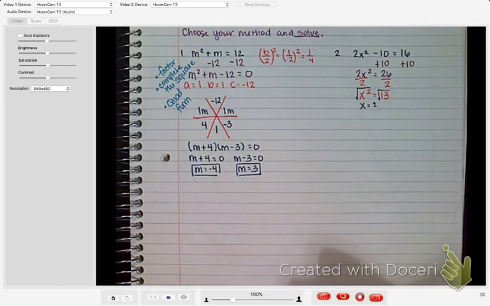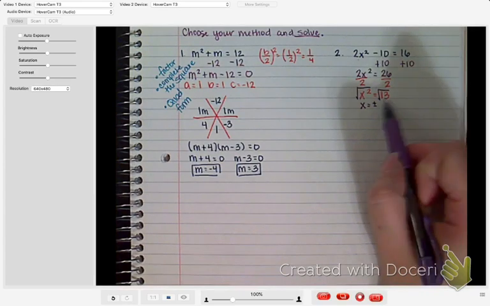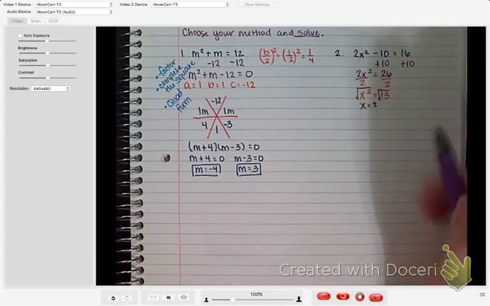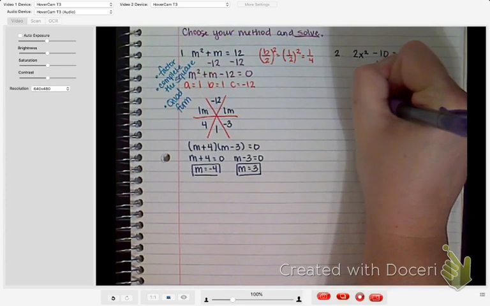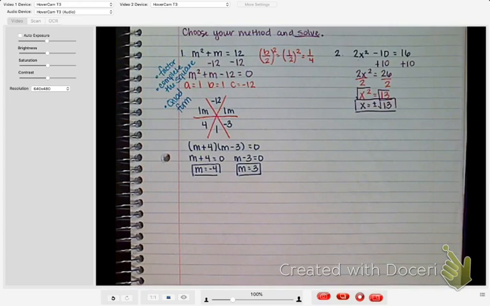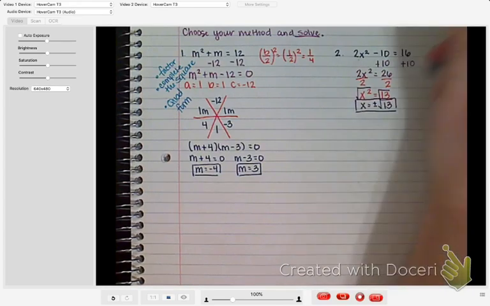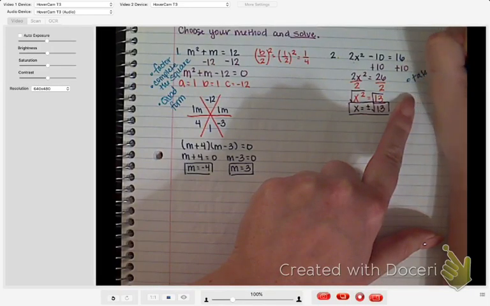So x equals plus minus, and I have to look at the square root of 13 and see if it's something I can simplify. It's not a perfect square and it doesn't break down, so my answer is just going to be x equals plus minus the square root of 13. So I know for this problem, I can take square roots.